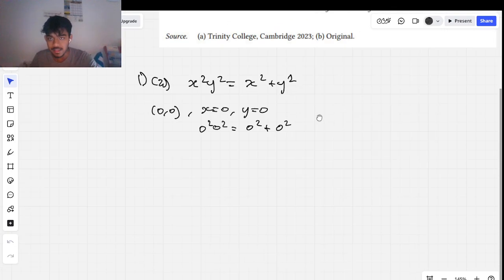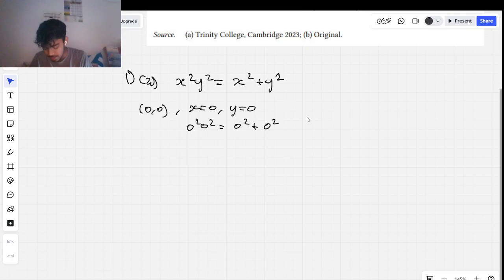Therefore, I can say that the point 0 0 is part of this graph.